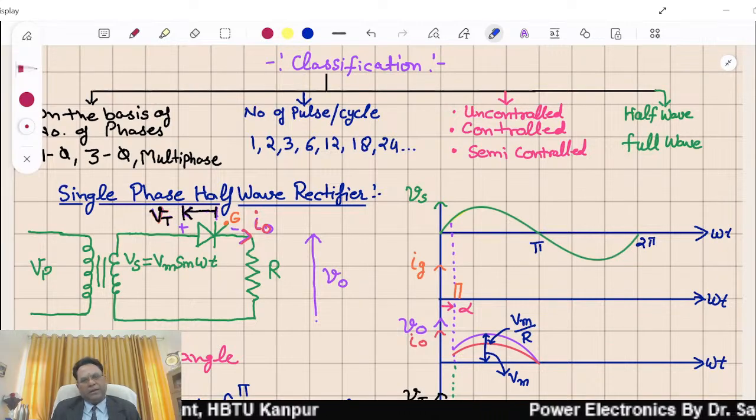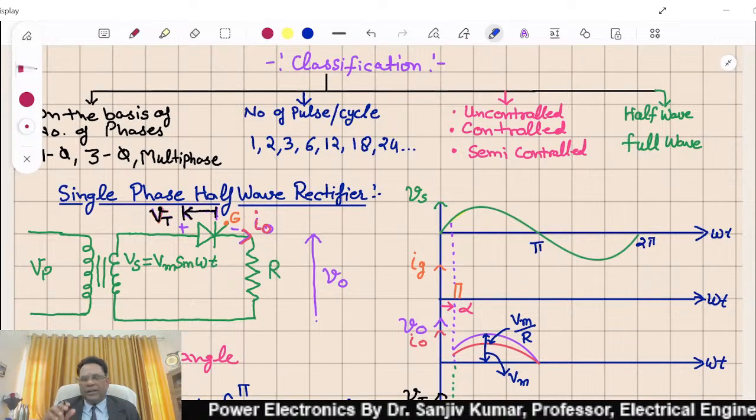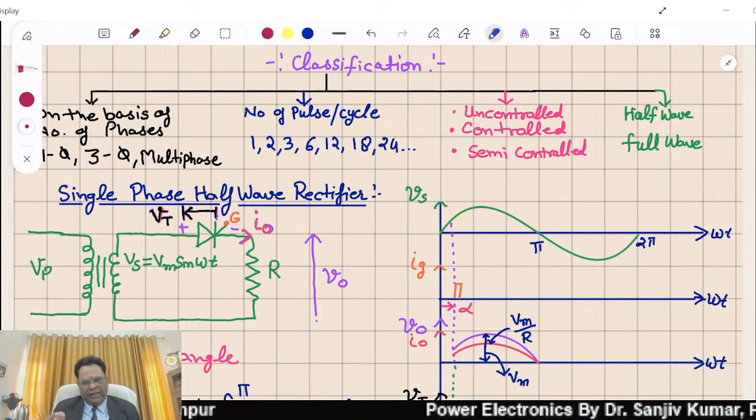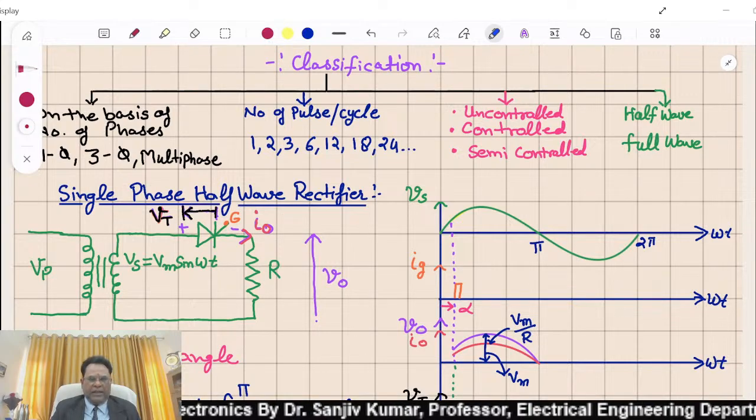The moment diode comes in forward bias, it will start conducting. So you don't have any control. That is why we are discussing the thyristor, means controlled rectifier. And if you put firing angle 0, it will act as a diode based rectifier. So that thing I am not discussing.